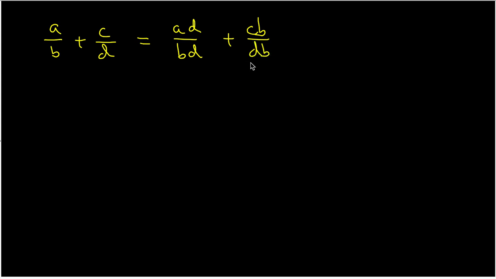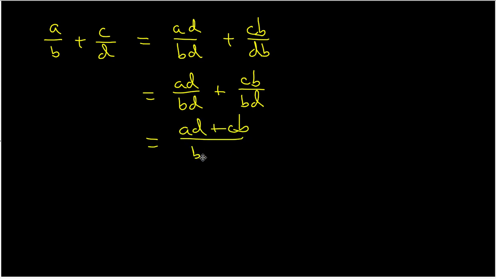And you'll notice that db and bd are the same thing, so we can rewrite this as ad over bd plus cb over bd. And since the denominators are now the same, we can simply add the numerators together. So we get that particular answer.